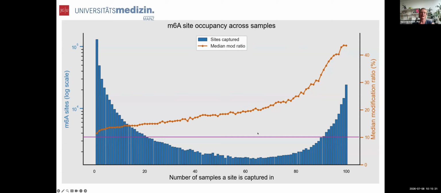Interestingly, however, those modifications that appear very often, in at least 100 of the subjects in the cohort, do have a very high modification frequency, stoichiometry, modification level, as you want to name it. This means that those that are very common and very often found in the participants also have a very strong signal, a very high modification level.